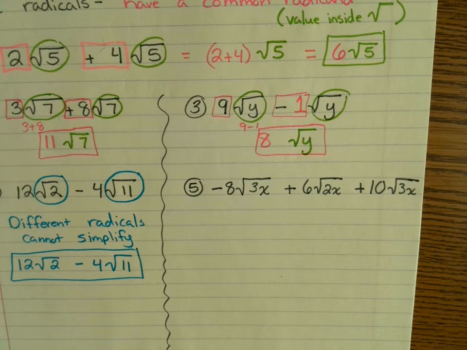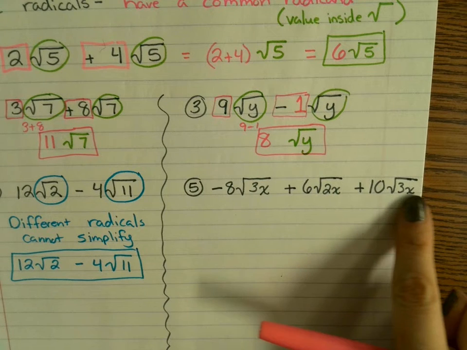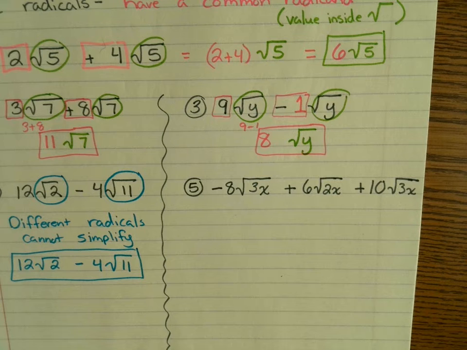All right, so we get 2 square root of 3x plus 6 square root of 2x. How she got that? Let's take a look. Do we have any common radicals, like radicals up here? Malia. Good.